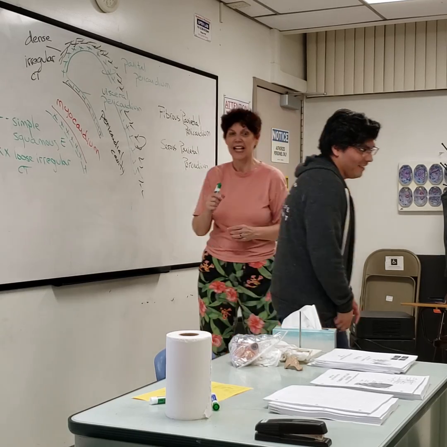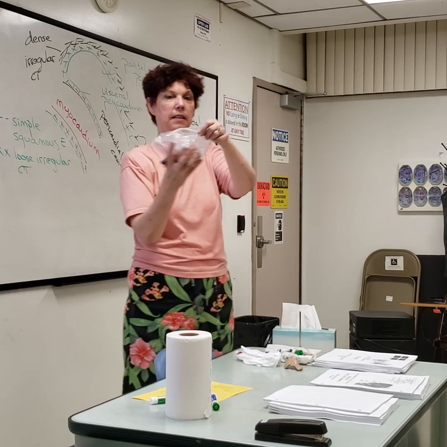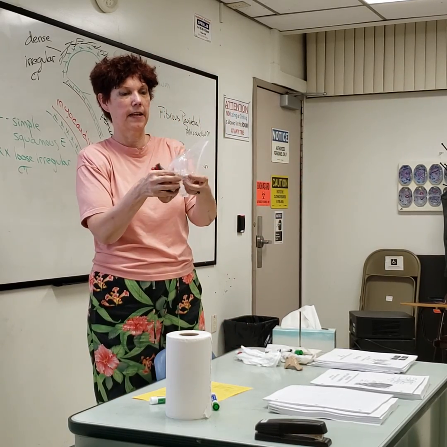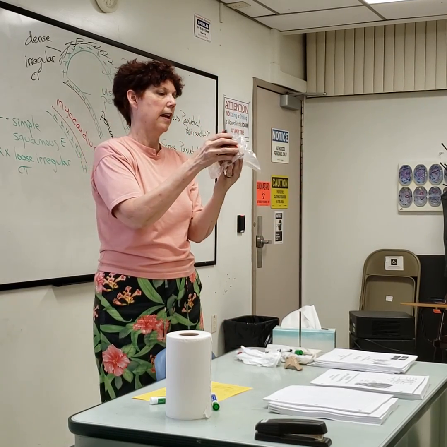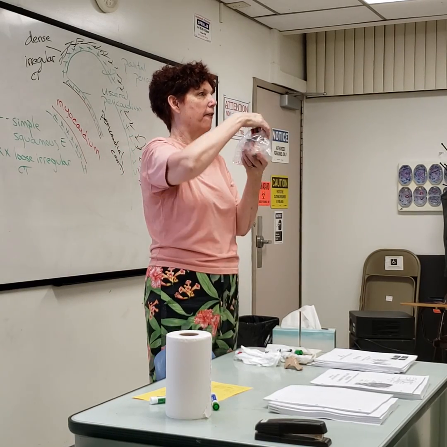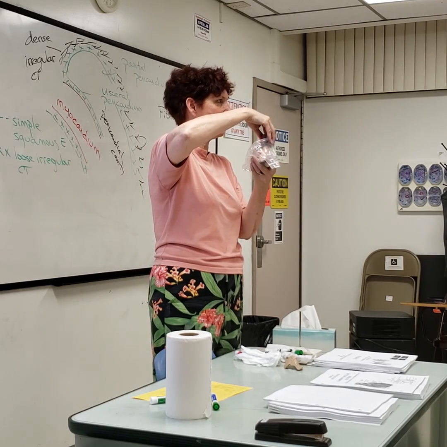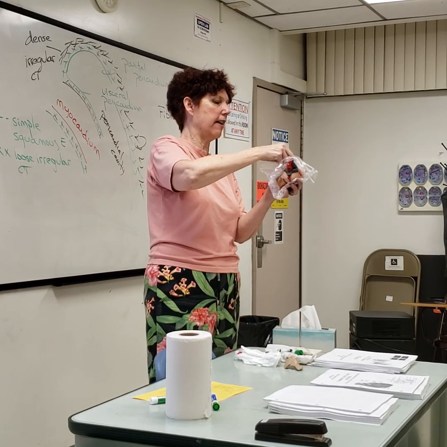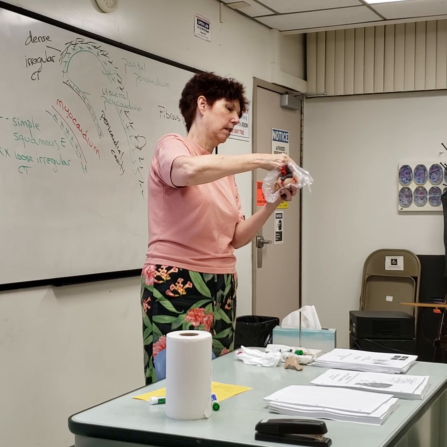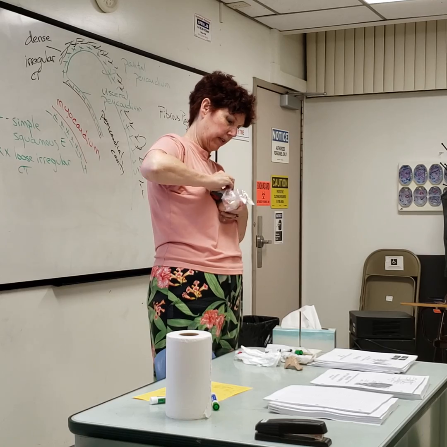Thank you. So back to the plastic. This outer part is going to be the fibrous, tough, dense, irregular connective tissue. On the lining of that, between the two would be loose irregular, attaching the two together.